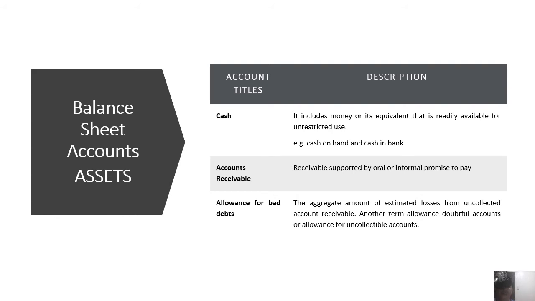As long as it is readily available and it is unrestricted. So, kung kailangan mo, pwede mo naman gamitin. So, cash yun. Pero kung mayroon kang pera, for example, sa bangko, tapos it is restricted, hindi mo pwedeng i-withdraw, then hindi siya considered as cash. Saan siya ilalagay? Sa other non-current assets.